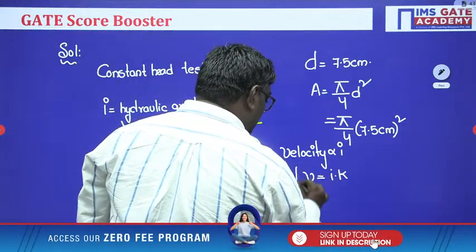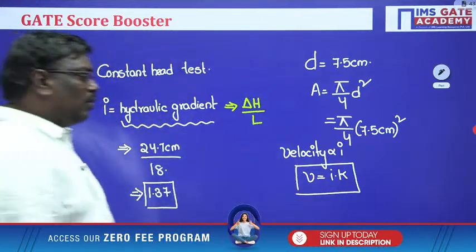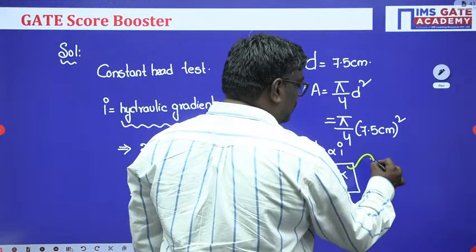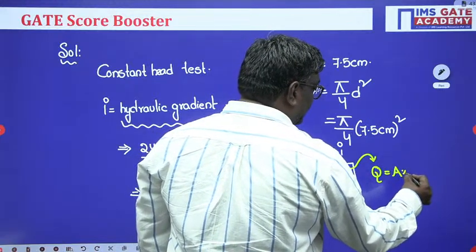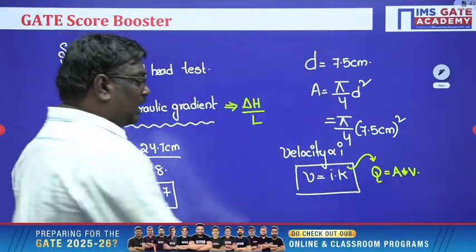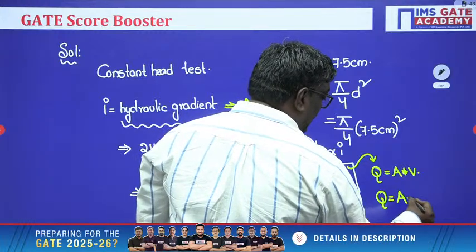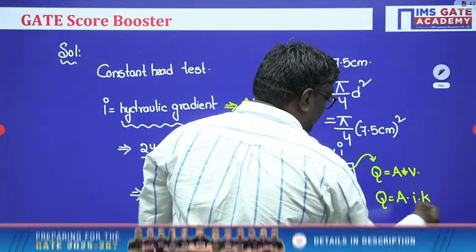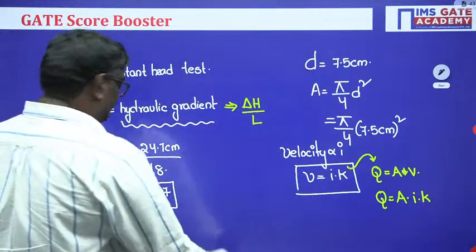Now what will be Q? Q is equal to area into velocity. So velocity is ik, so Q is equal to A i k.